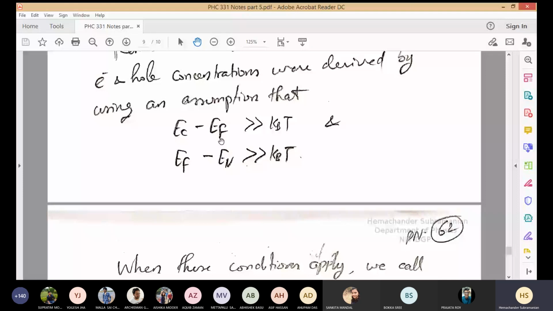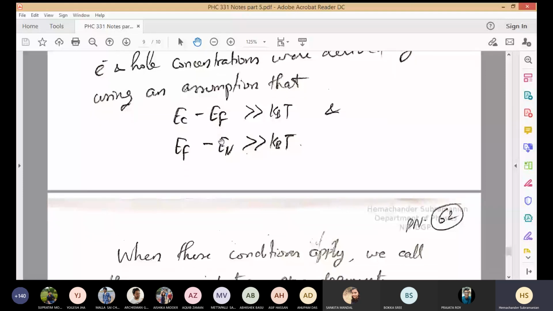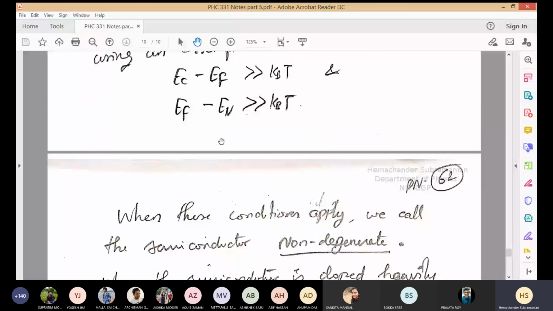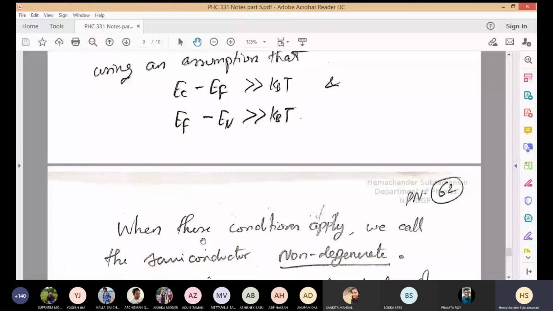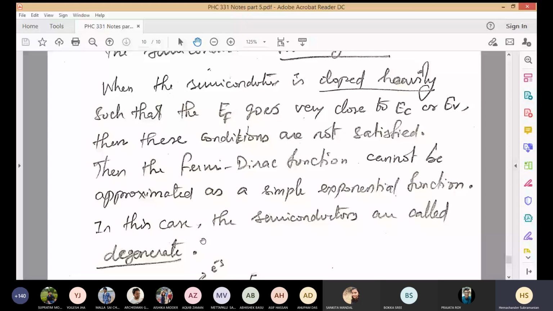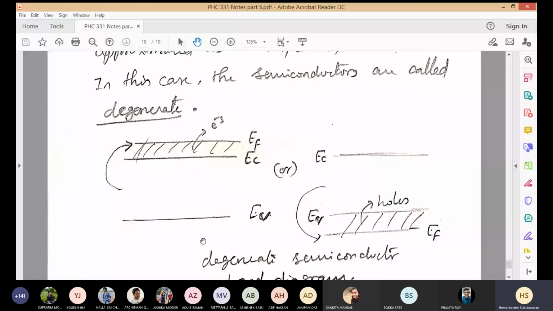If it is really close, you cannot apply the non-degeneracy condition. Then EC minus EF is not going to be greater than the thermal energy. They're going to be very close and interact with each other, so you have to go for much more complicated mathematics. We're not going to do that mathematics, but this is what happens.